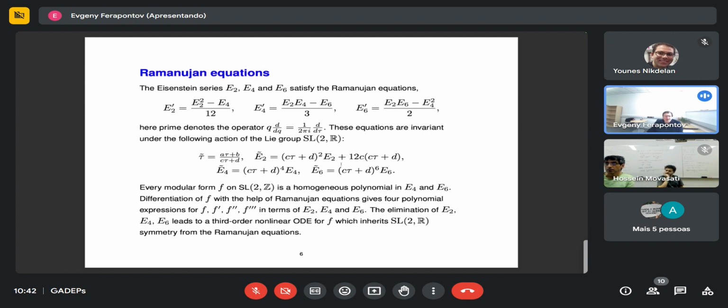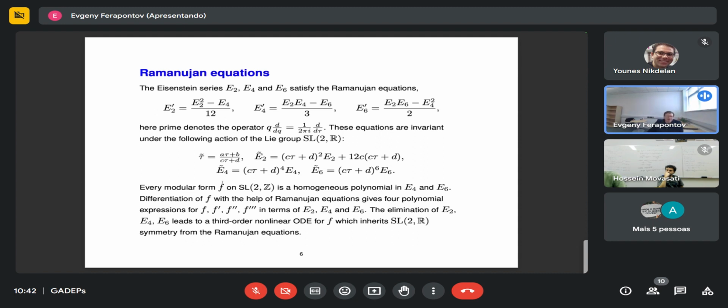E2 transforms as a quasi-modular form, and E4 and E6 transform as modular forms of weight 4 and 6. I want to stress that in this construction, A, B, C, D are arbitrary real numbers. It's not SL2Z, it's SL2R, right? SL2R symmetry. This is also a well-known fact.